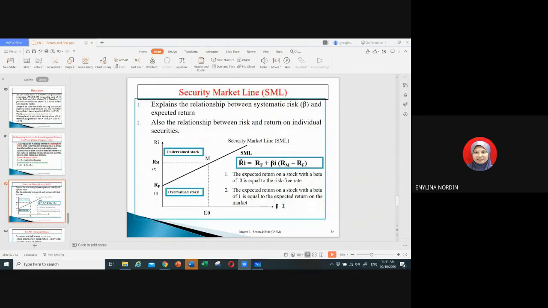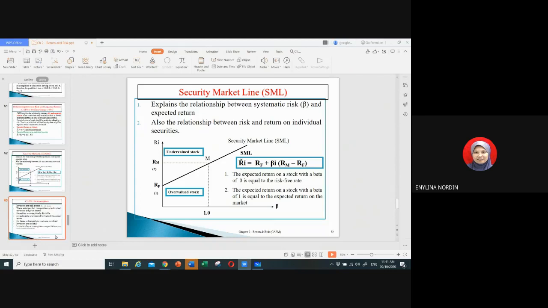That's why the horizontal axis, the risk, is shown in terms of beta instead of standard deviation. Right, in CAPM, standard deviation no longer exists, right? Because it's diversified away already through the diversification effect.